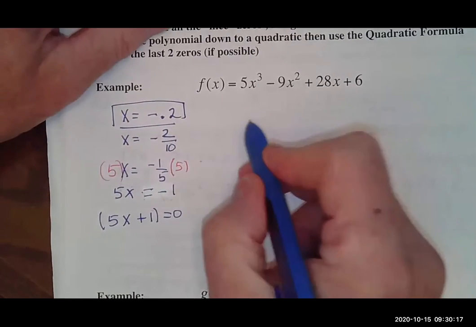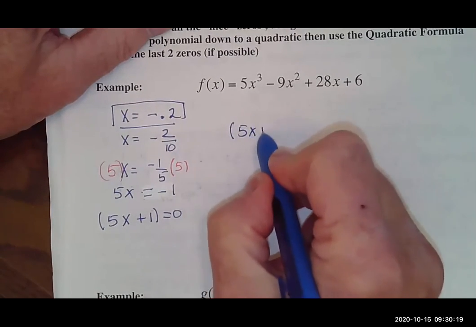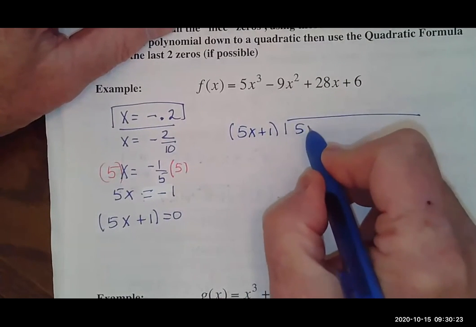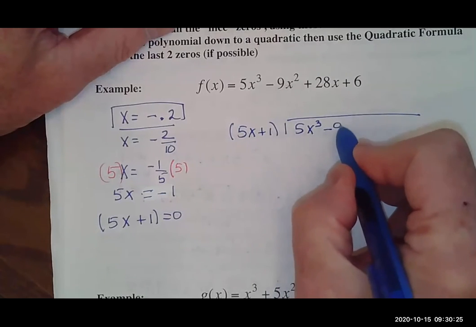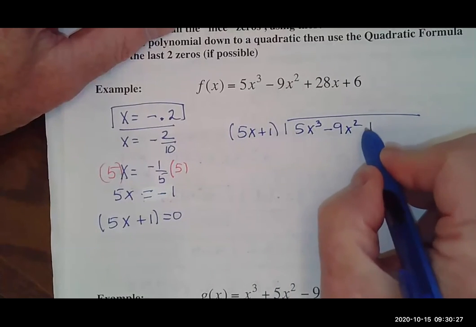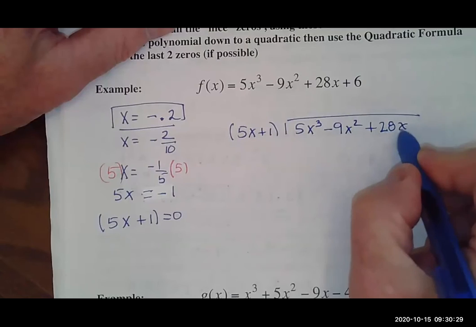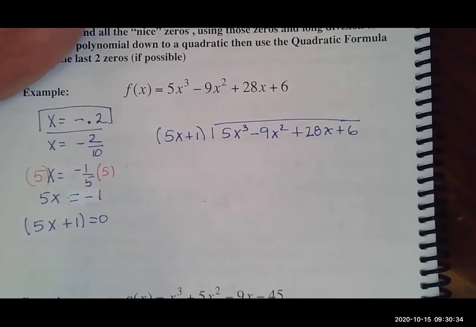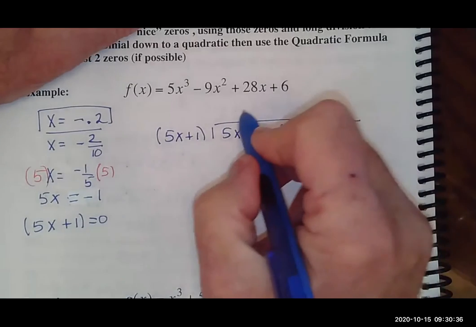And now I'm going to use 5x plus 1 into it, and here we go. I need a 1x squared.